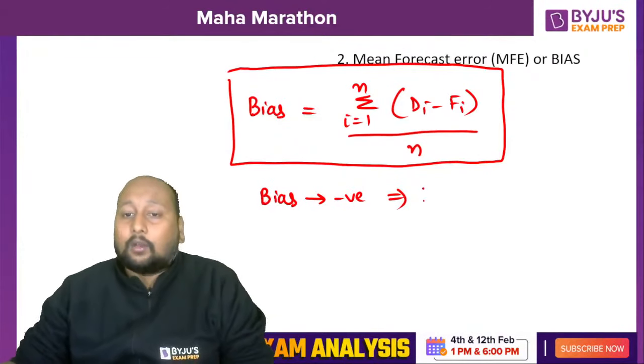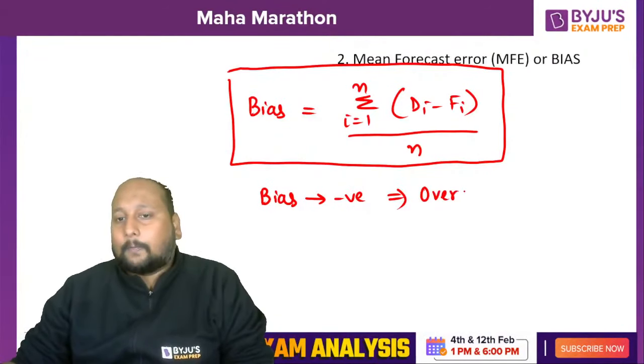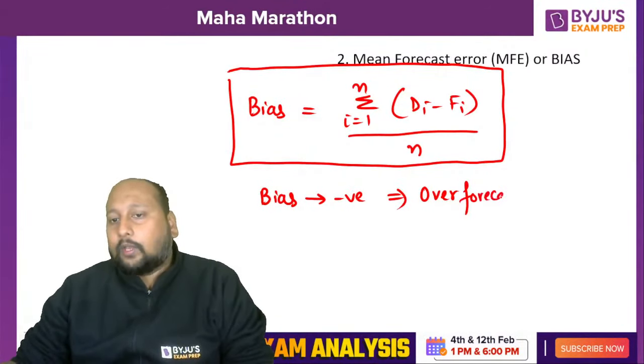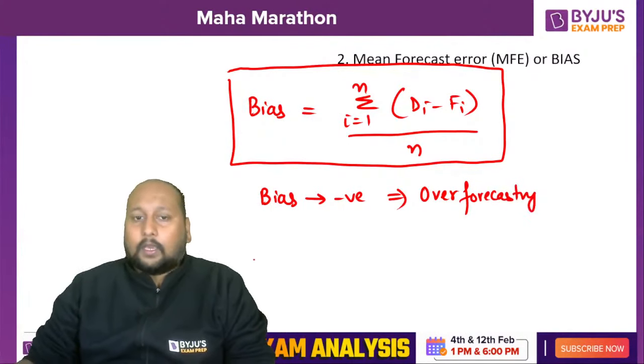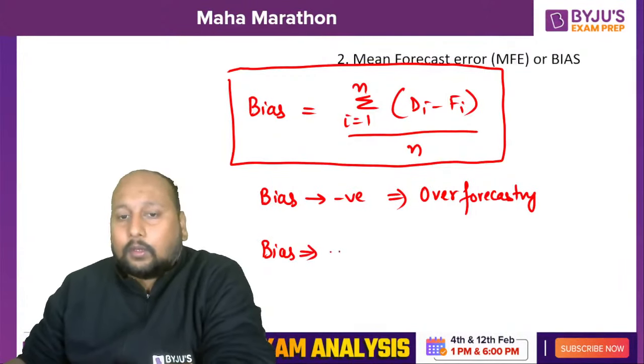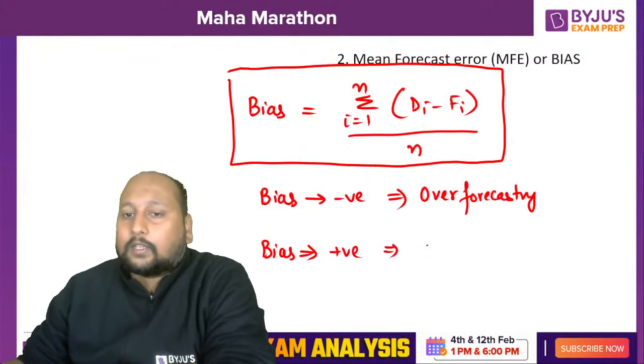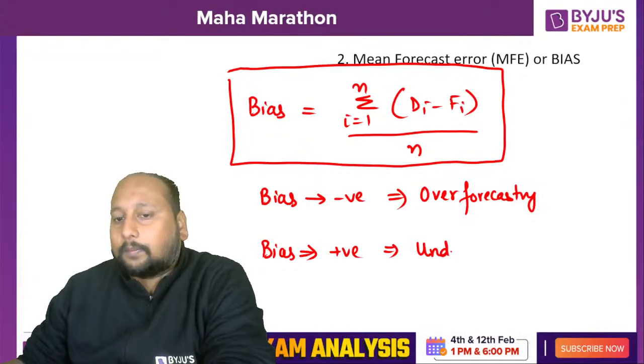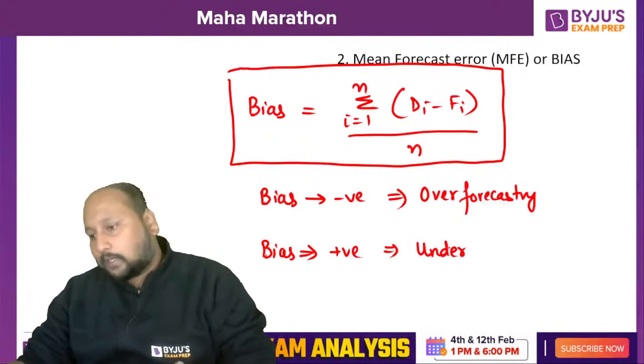That means I'm always over forecasting. If the bias is coming out positive, that simply means I'm always under forecasting. That means demand is always higher than the forecast value.